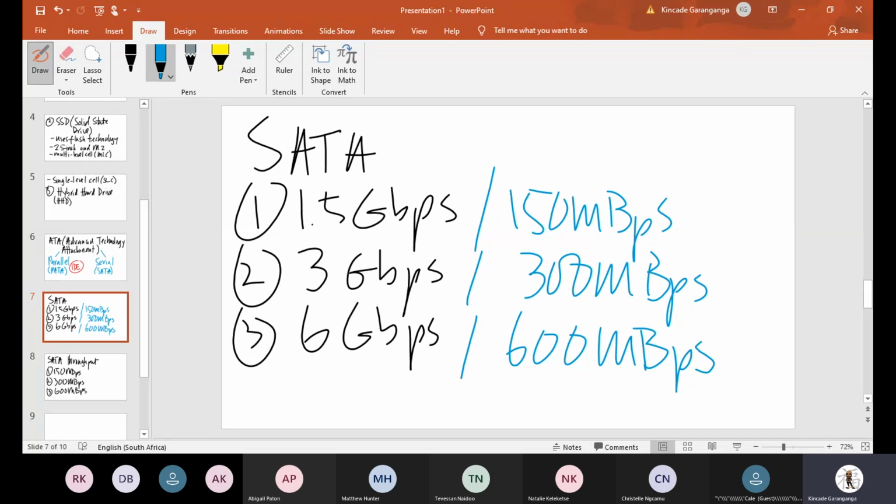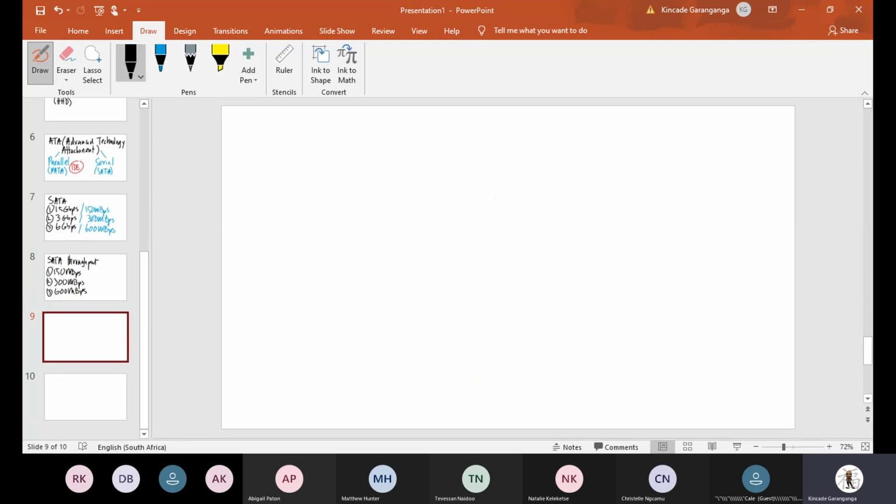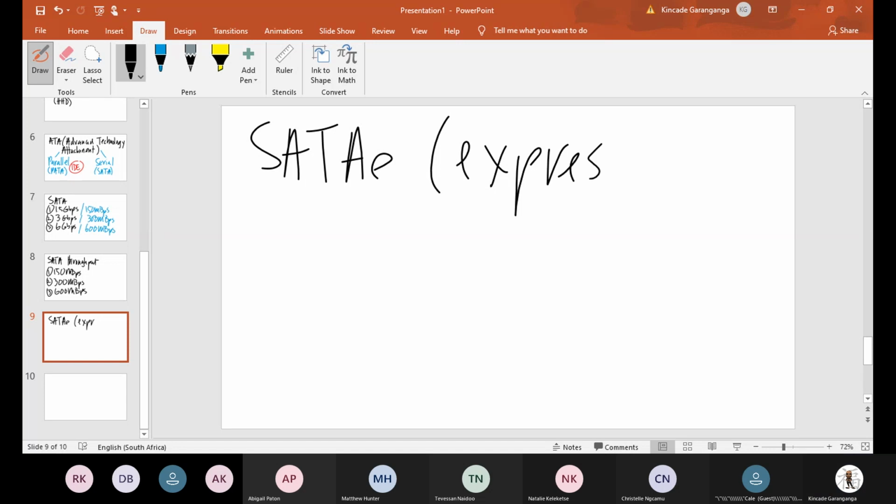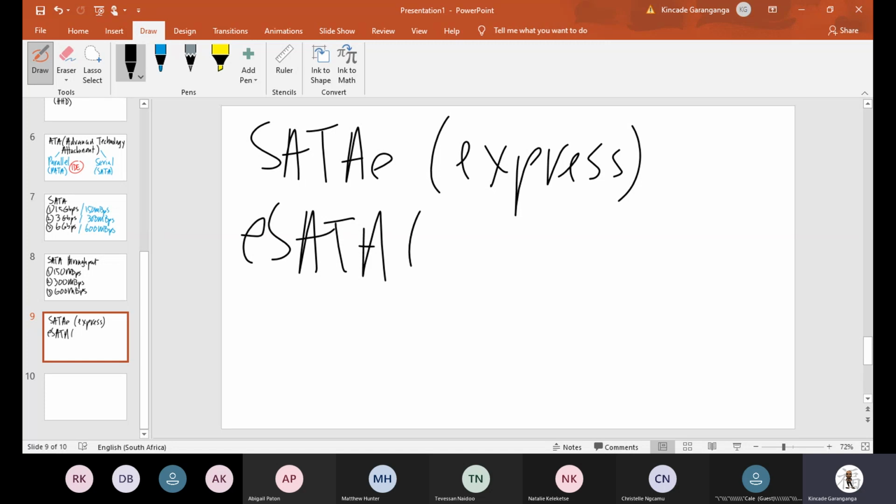You will also discuss SATA E and eSATA. There are differences there: the E in SATA E is short for Express, and eSATA is external as far as connectivity is concerned.